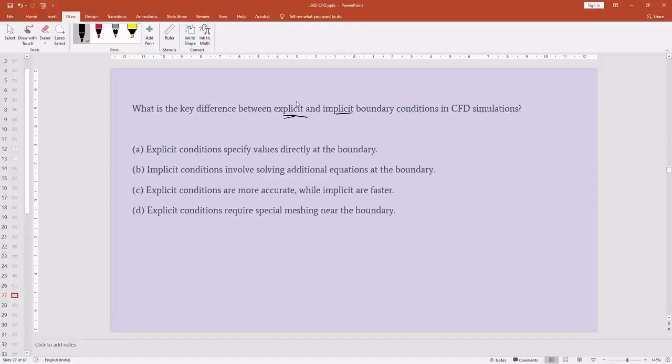So it is actually another name for Dirichlet boundary condition. Implicit is the other type of boundary conditions. Explicit meaning direct, we are explicitly giving values at the boundary. So Dirichlet boundary conditions are known as explicit boundary conditions.